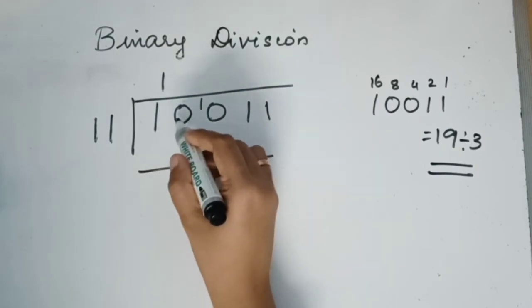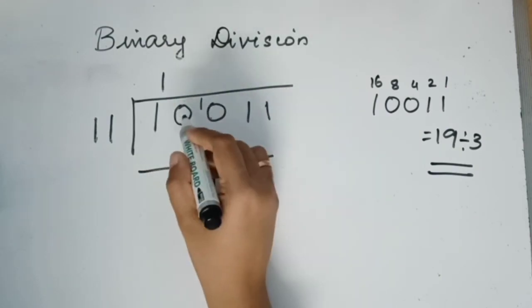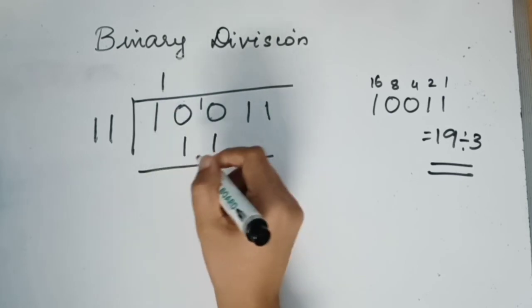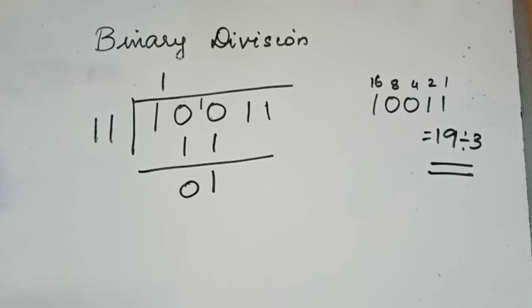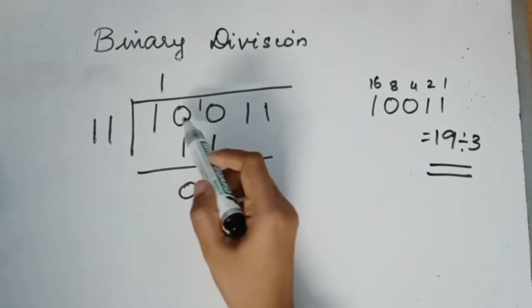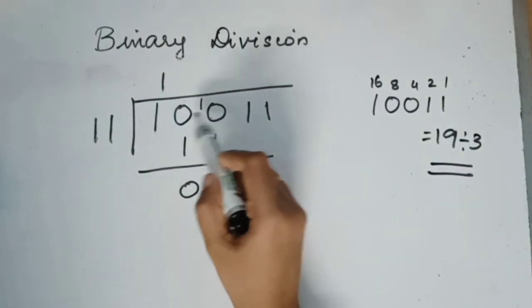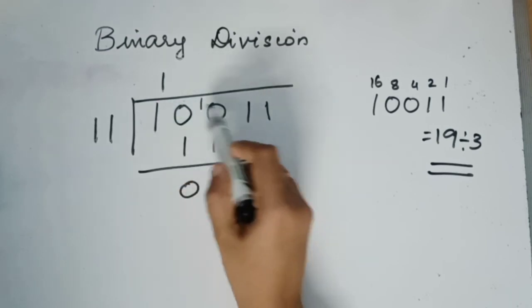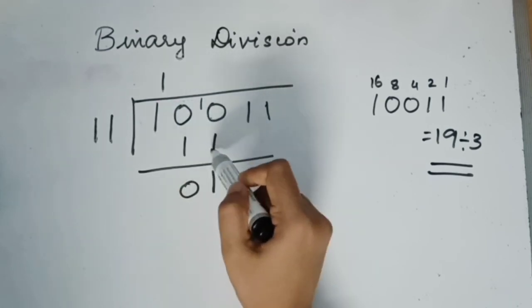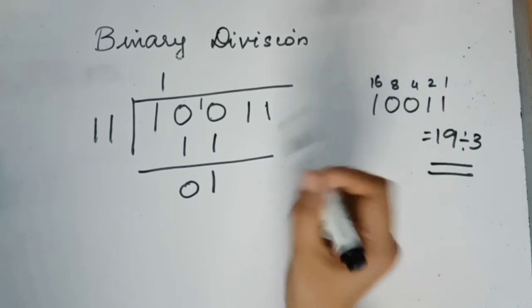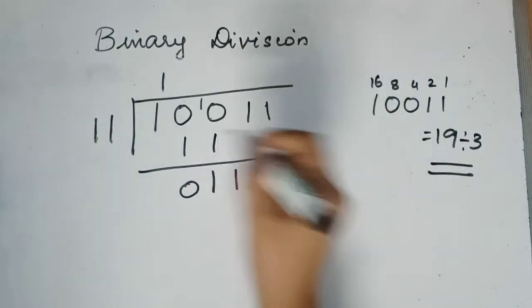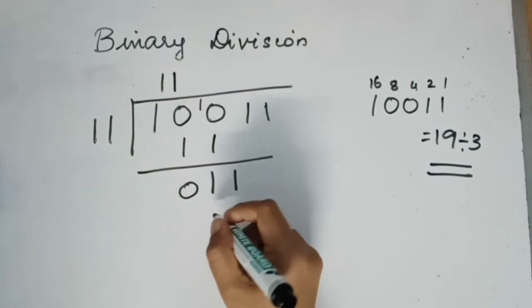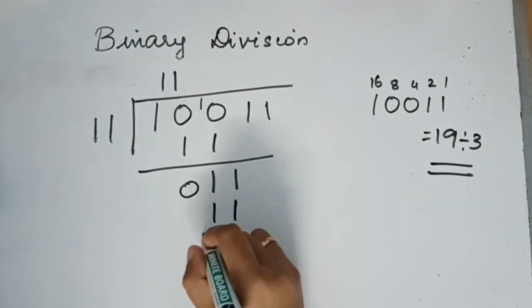And here, since you have borrowed 1, you have only 0 here. Or you can see that this is 1 0 0, which is 4, and 4 minus 3 is 1. So here you have only 1, so we'll take another 1 down. So again 1, so that will be 1 1.